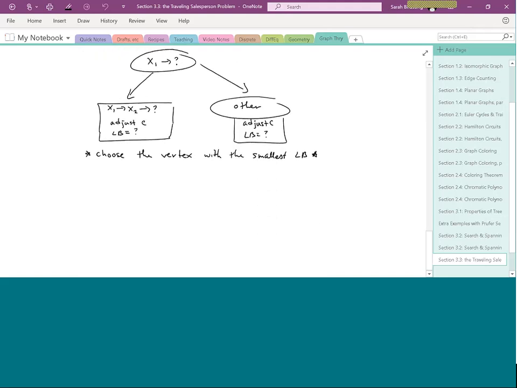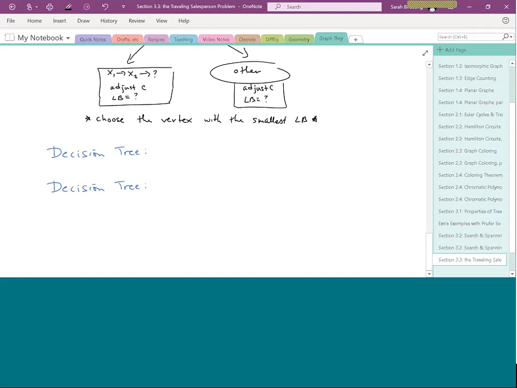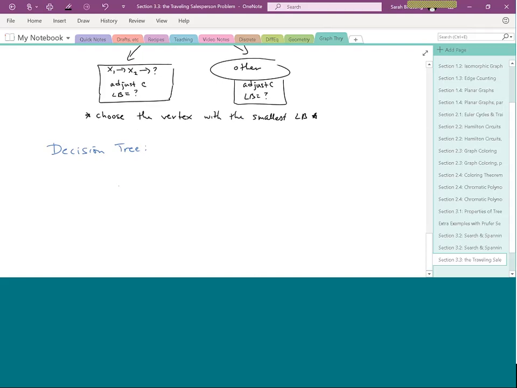All right, so let us start here. So this now is our decision tree. So starting from the root of this decision tree is going to be where our cost matrix is, infinity, 0, 6, 3.